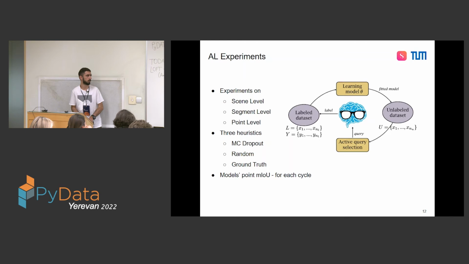For example, if we select 10 scenes in each step, we select the 10 that have the lowest mean intersection over union with our trained model. And the metric that we'll compare in each cycle is the point mean intersection over union.